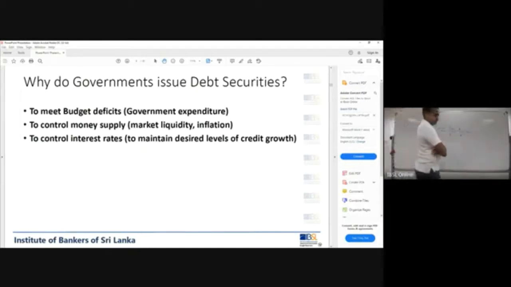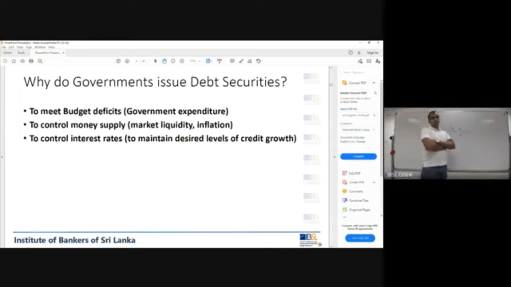Maybe the current expenditure or capital expenditure. If there is a deficit, then the government will have to bridge the deficit. One way is to issue treasury bonds or bills, so to meet budget deficits.